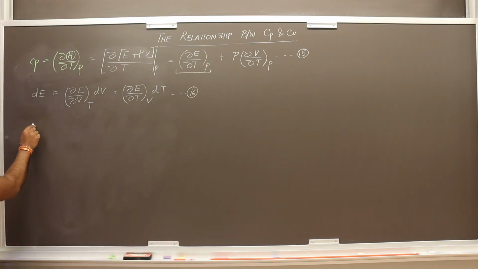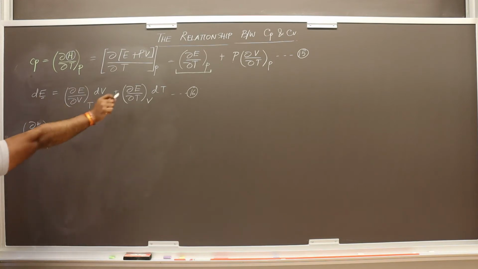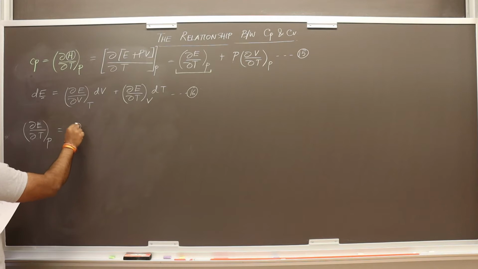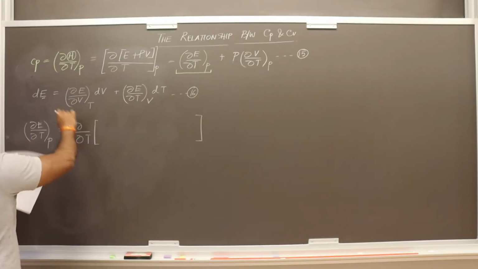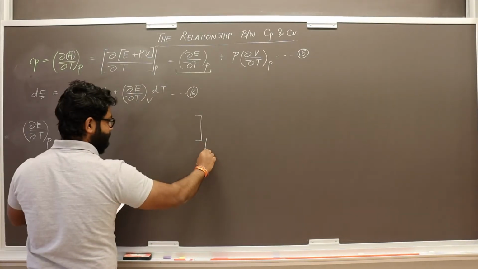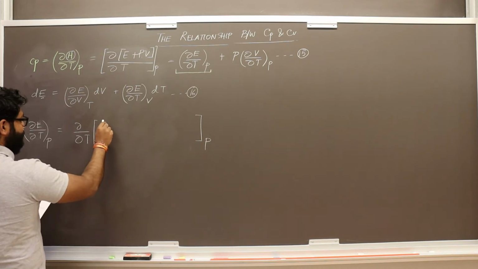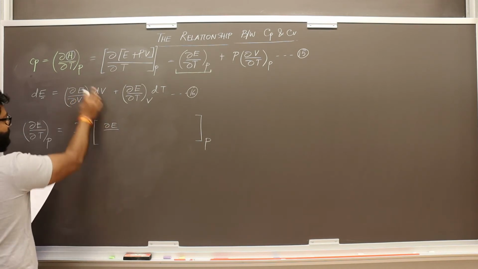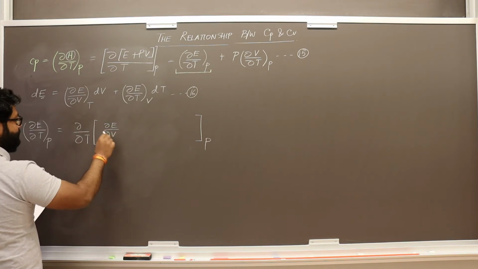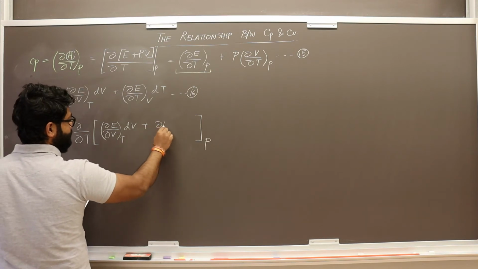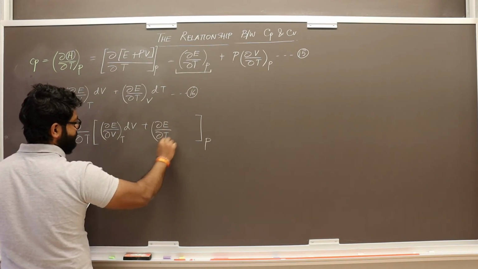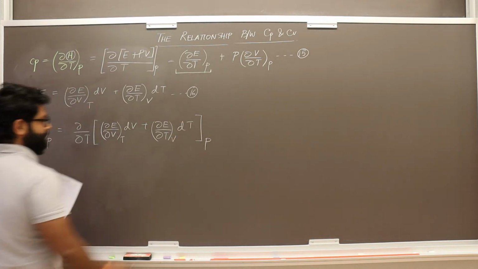Now, what we have to do is substitute this thing. I'm writing it here, del E del T at constant P. Since dE is this whole thing, I will substitute the whole thing in here: del E del V at constant T dV plus del E del T at constant V dT.